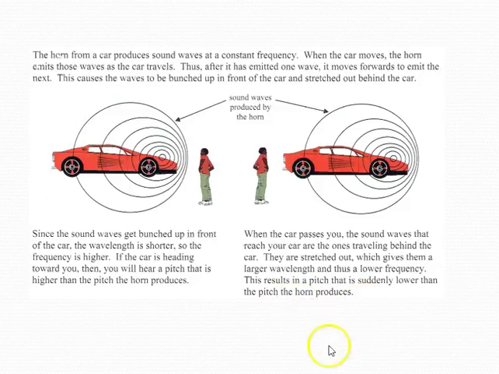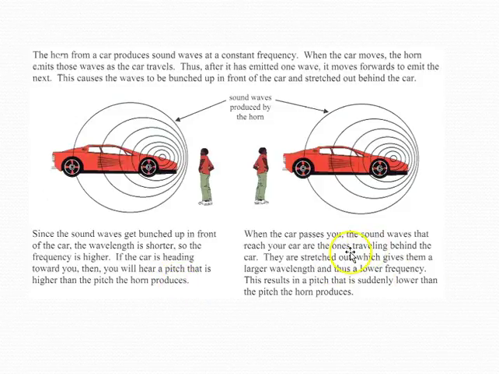So in your notes, this is what you should have. When an object is heading towards you, then you will hear a pitch that is higher. Or let's say it this way: the wavelength coming towards you is shorter, so the frequency is higher and the pitch will be higher.